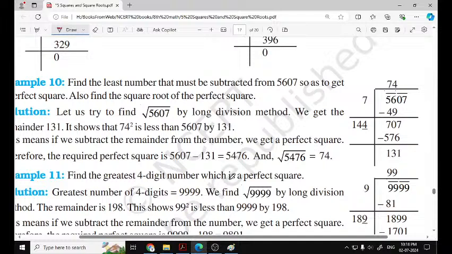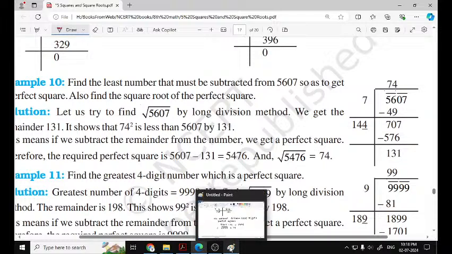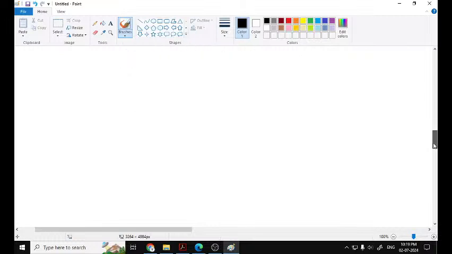Find the greatest 4-digit number which is a perfect square. The greatest 4-digit number which is a perfect square. Now 9999 is the greatest 4-digit number, but it is not a perfect square. Now we want a perfect square which has 4 digits. If we add 1, then we will get a 5-digit number.